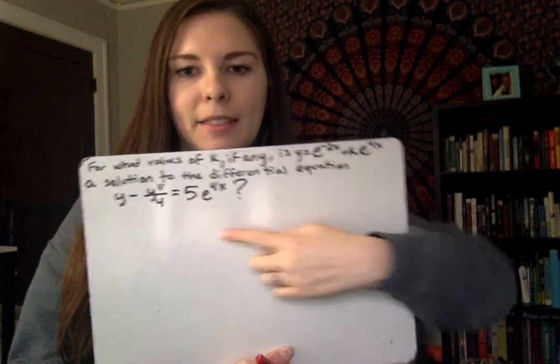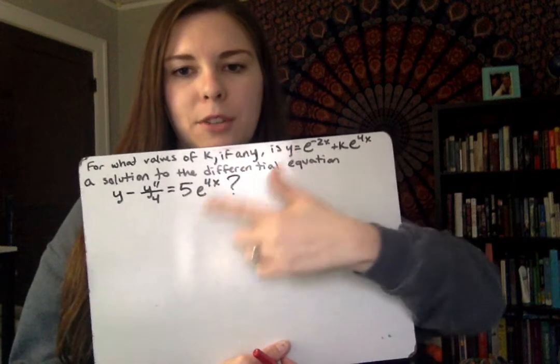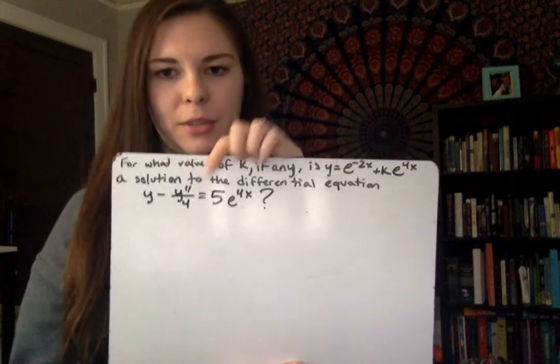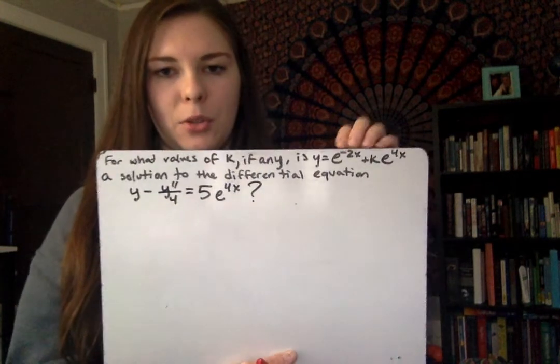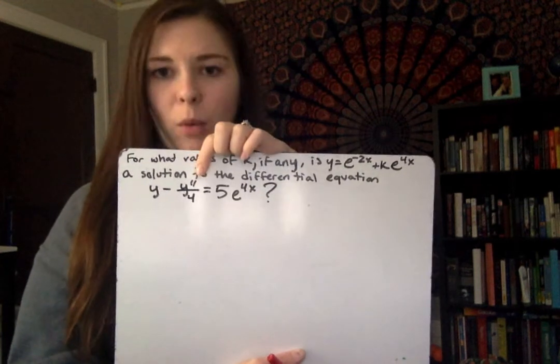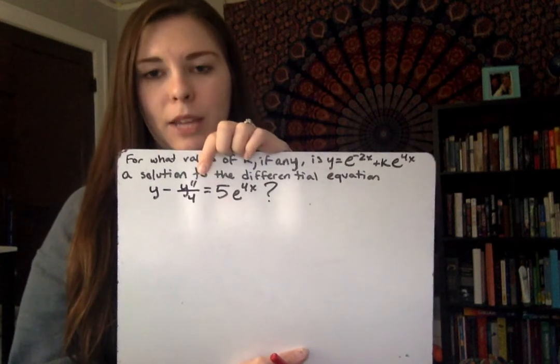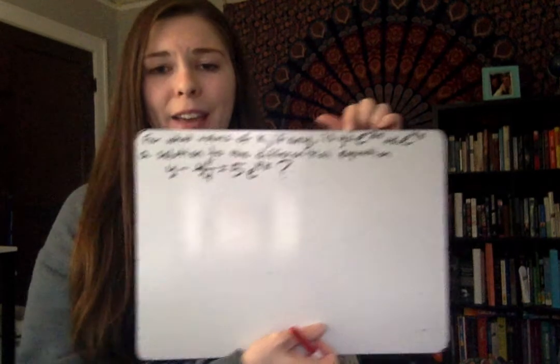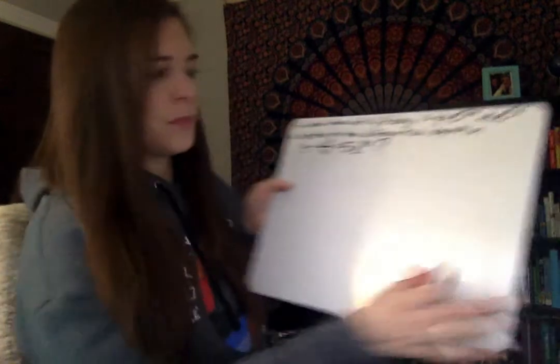This is our differential equation with all those x's and y's tied together. You'll notice that we do have a y double prime. So let's just right off the bat start by finding what y double prime is. That's our second derivative. So let's take our original equation and find the second derivative.